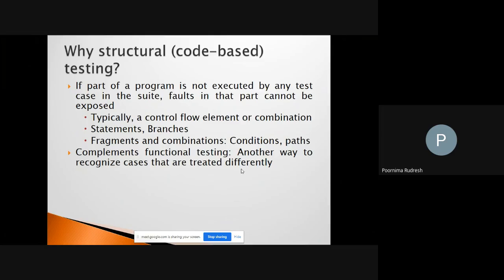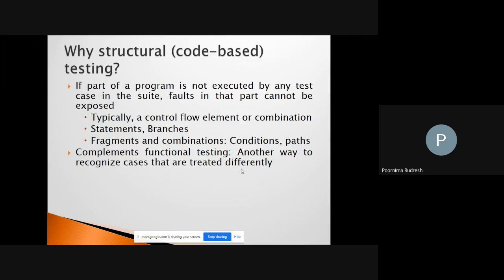Let us consider that you have implemented a program and we have to test it. To test that, we use a set of test cases, or test suites. If one of the statements or part of the program is not executed by those test cases, then it is very difficult to identify the faults present in the program.